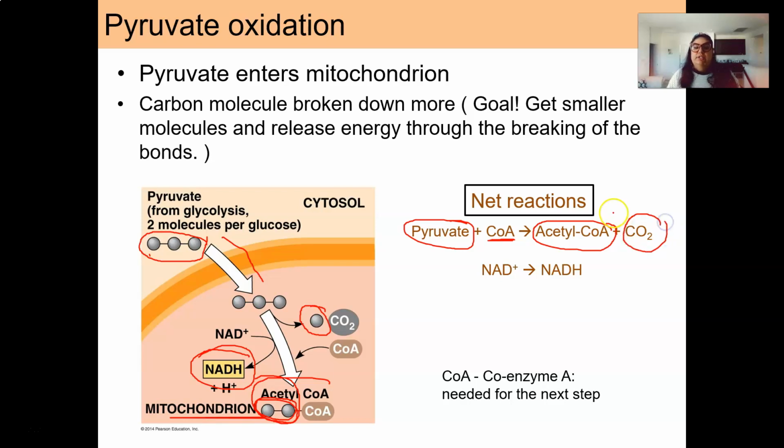So now we're starting to breathe out, right? We breathed in to start our reaction, and now we're starting to breathe out that CO2. You've been holding your breath this whole time. Now you can start to breathe out, right? And now we're also adding some electron carriers.